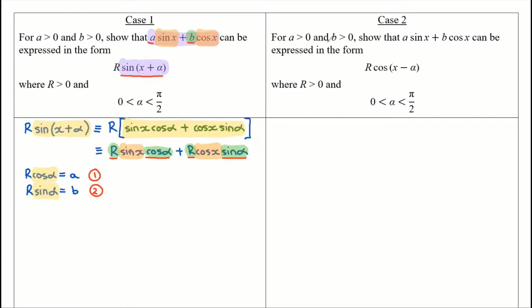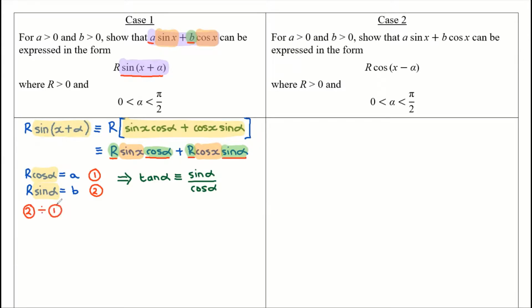So we can use the fact that tan alpha is, of course, identical to sine alpha over cos alpha. We can use yet another identity. We're going to use that idea. So what I'm going to do is take equation 2 and divide it by equation 1.